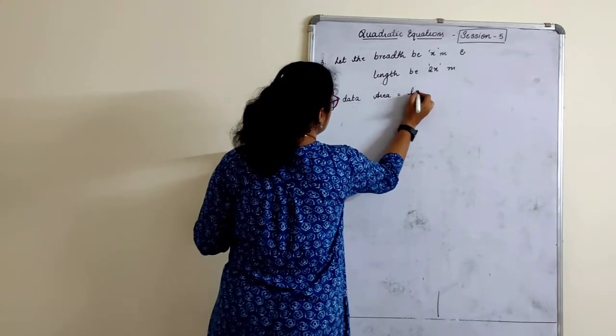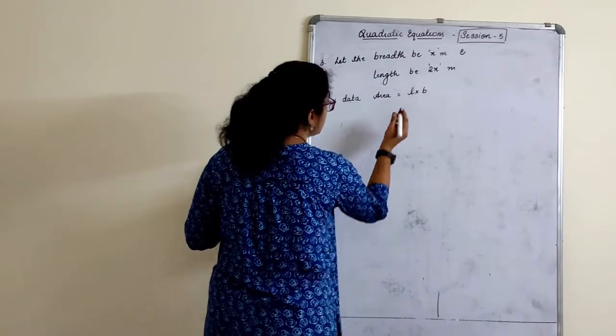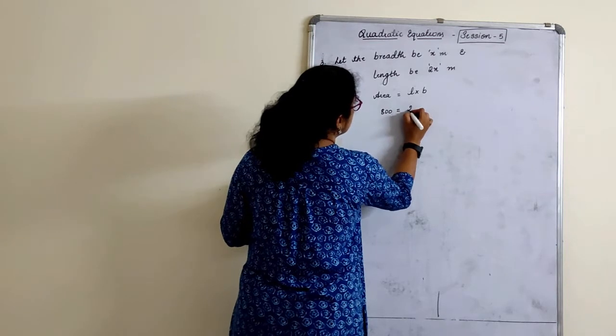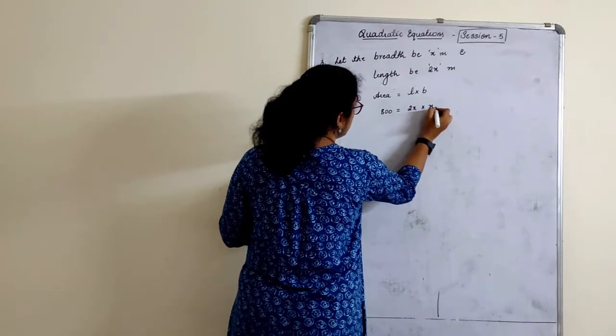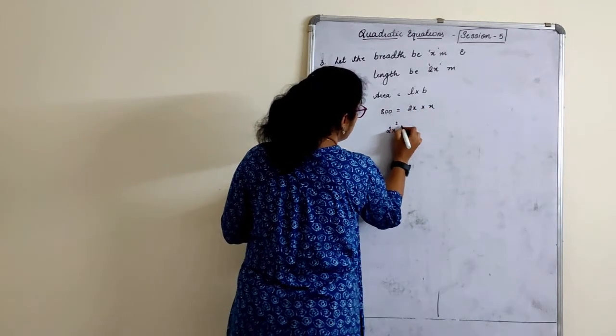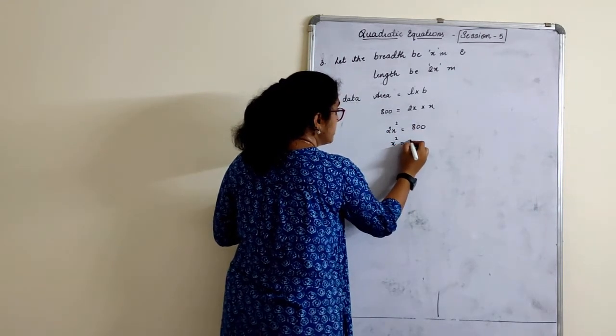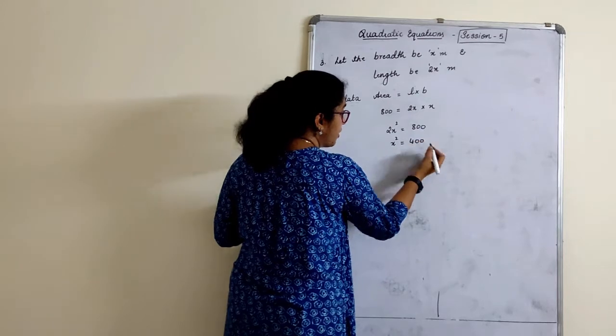Area is equal to length into breadth. So area is given as 800 meters square. Length is 2x into x. So I can say 2x square is equal to 800. So x square is equal to 400.